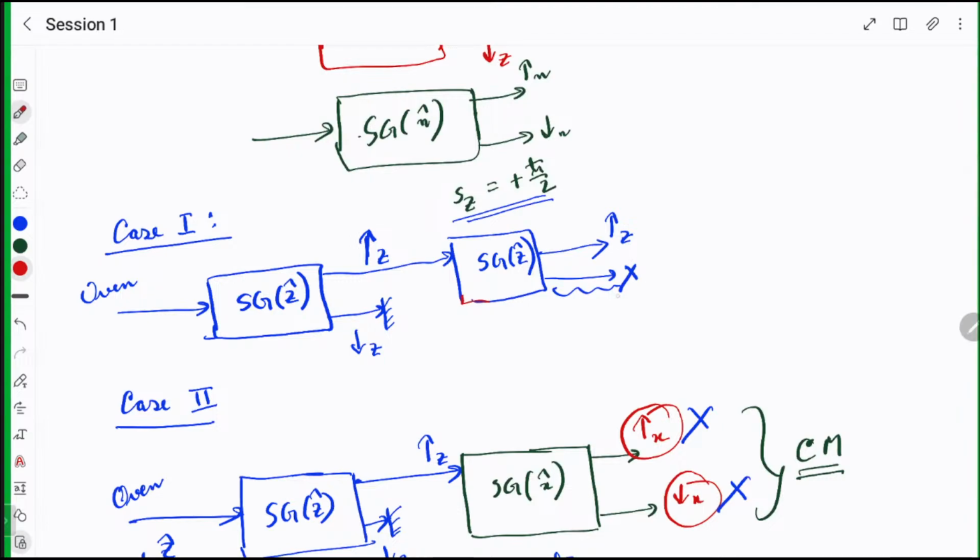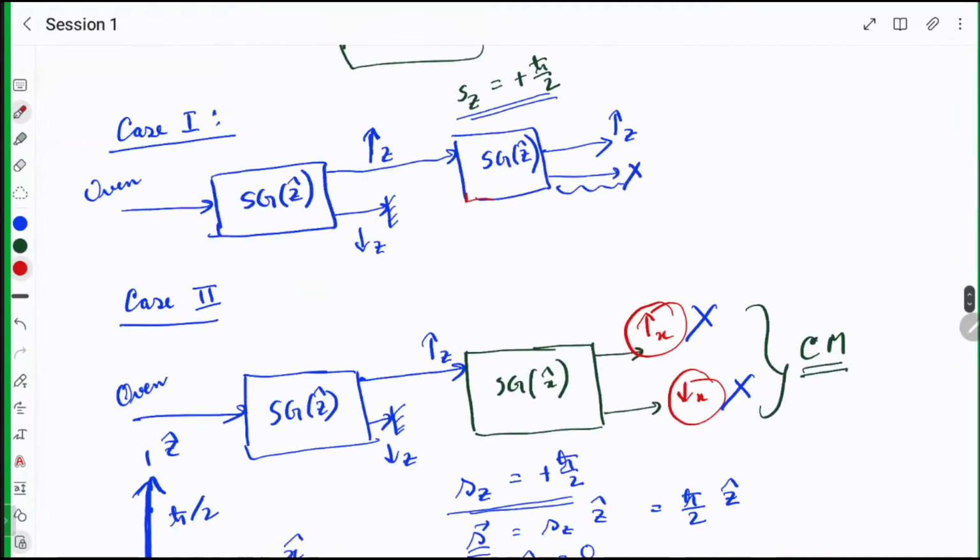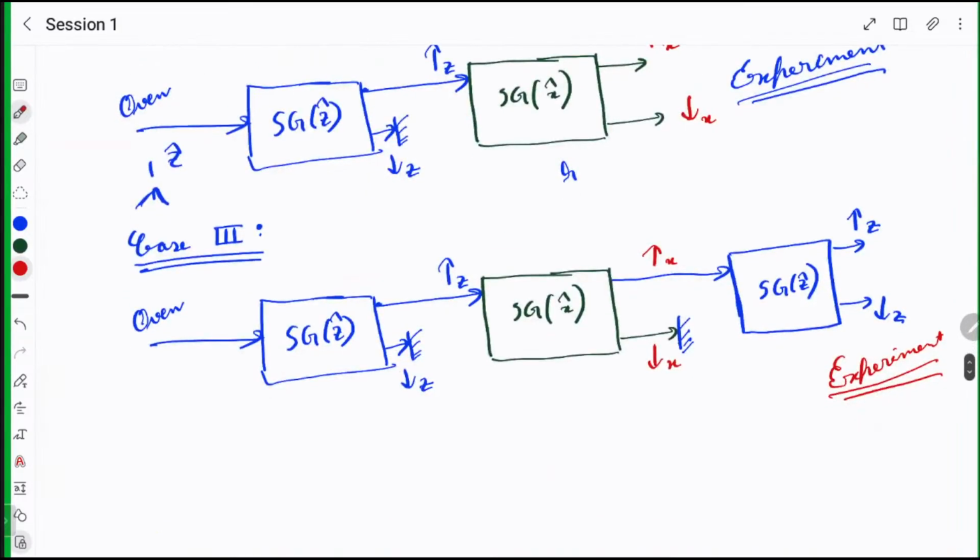We didn't get any down z, only the up z at the output of the second Stern-Gerlach. Now, if we compare case 1 and case 3, what we have done is just introduce another Stern-Gerlach in the x direction, which is perpendicular to the z direction.